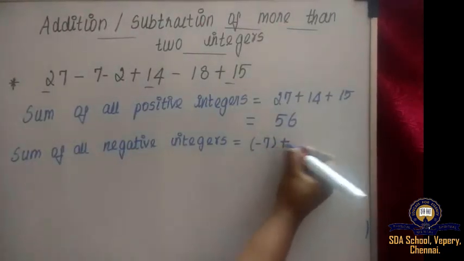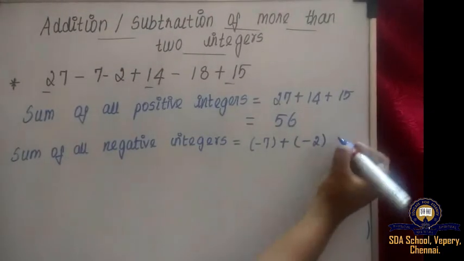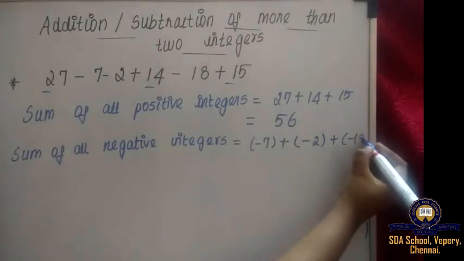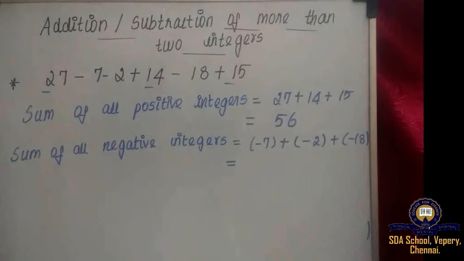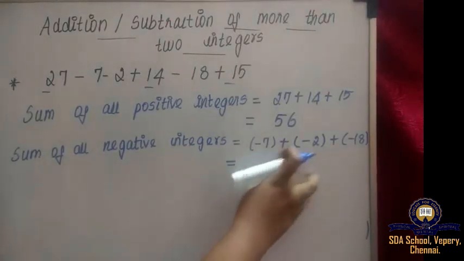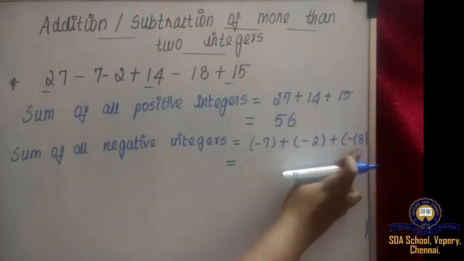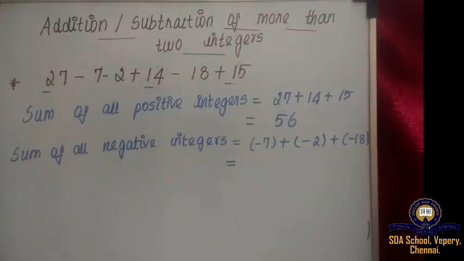So it is plus minus 2 plus minus 18. So when you look here, minus 7 plus of minus 2 plus of minus 18. So all the three integers have the same sign, negative.